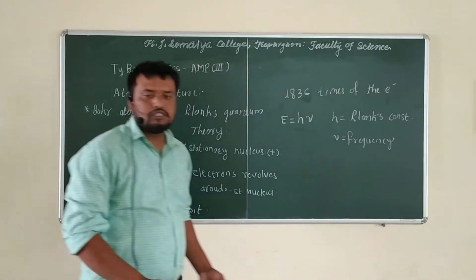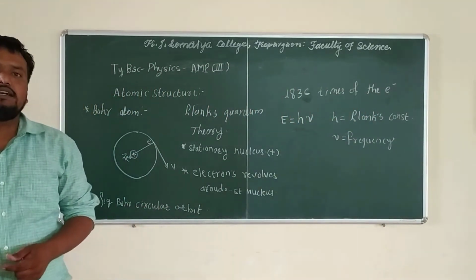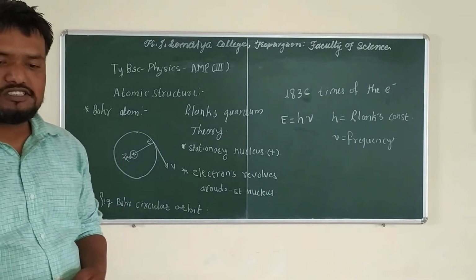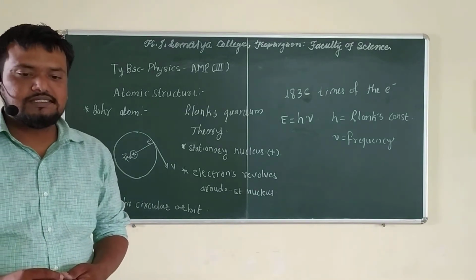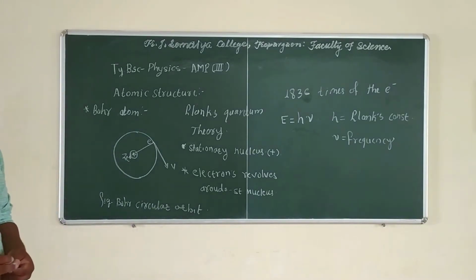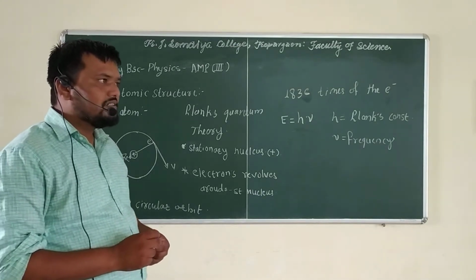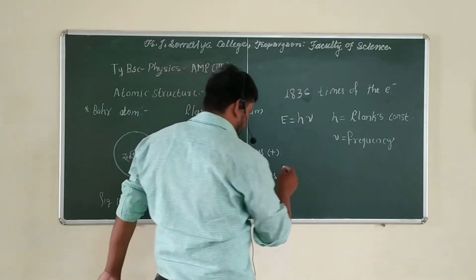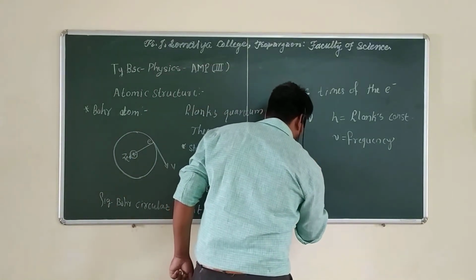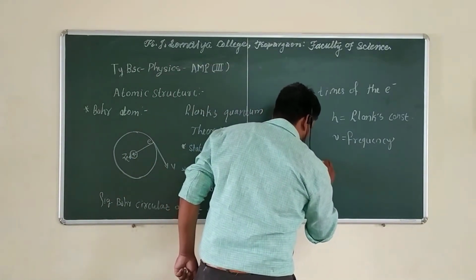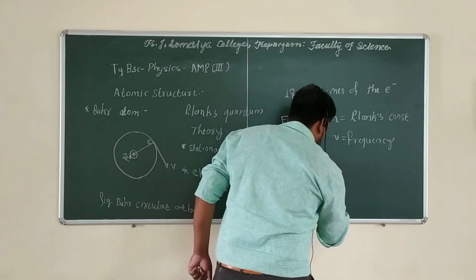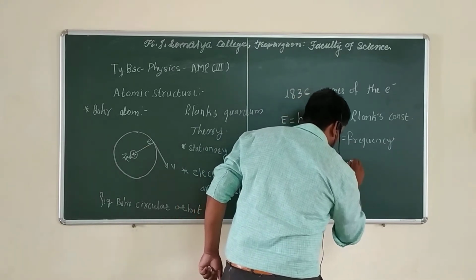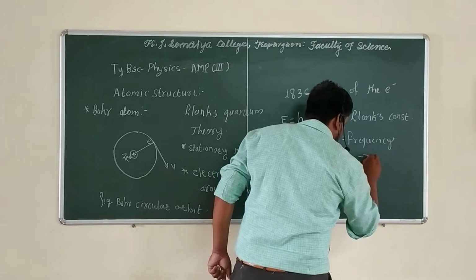The value of Planck's constant is h equals 6.625 into 10 to the power minus 34 joule second.